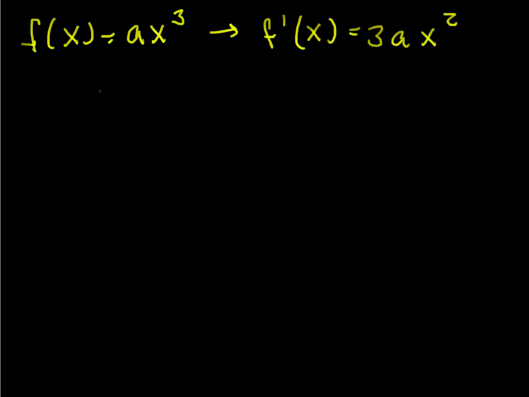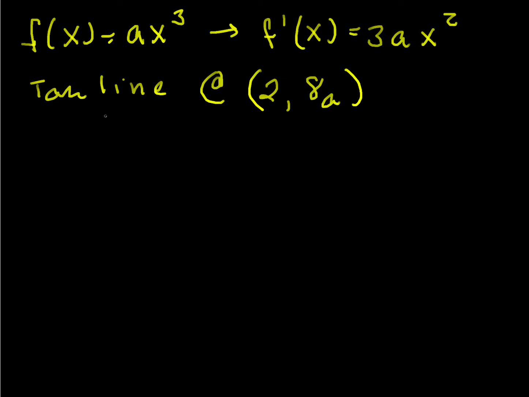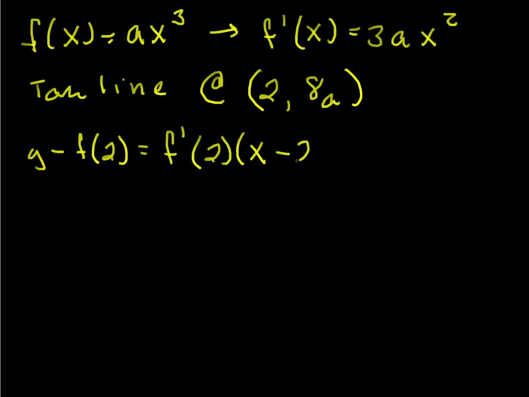And so if we want to know what is the tangent line at the point, let's say, at the point 2, and if x is 2, then y is going to be 8a. So the tangent line at this point to our graph, our formula is y minus f of 2 is equal to f prime of 2 times x minus 2.